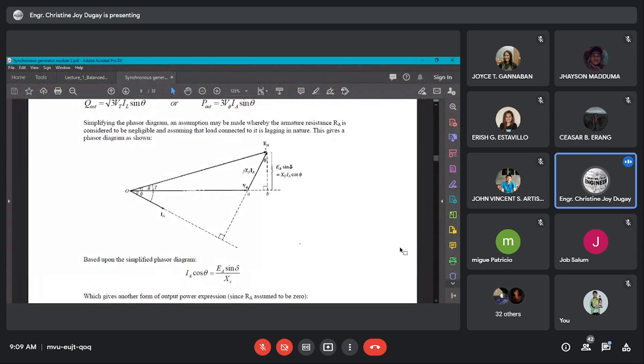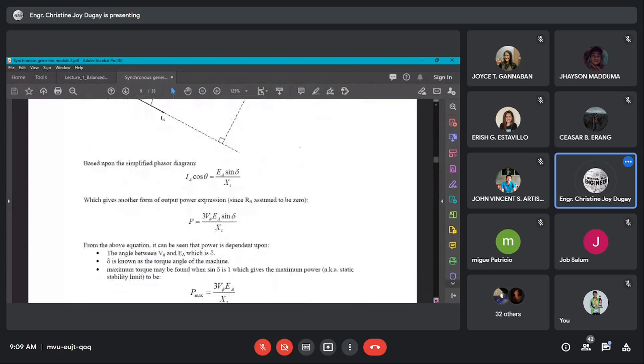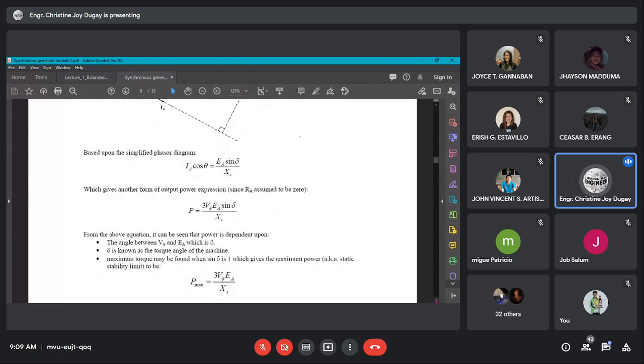Which gives another form of expression. So RA natin is assumed to be 0. So ang P ngayon natin can be calculated as P is equal to 3 V phase EA sine of sigma over XS.